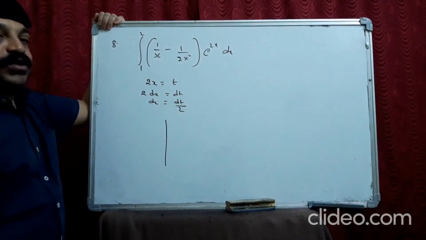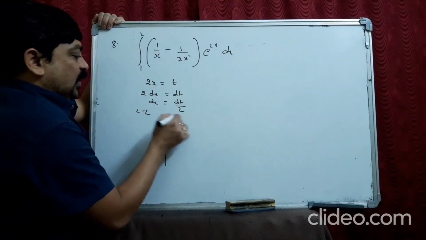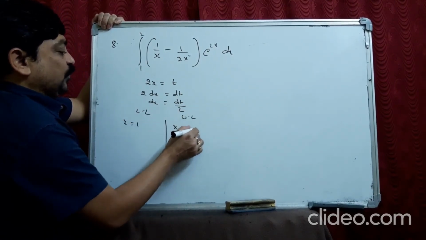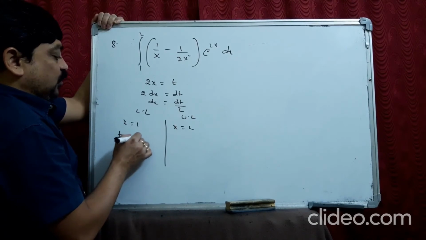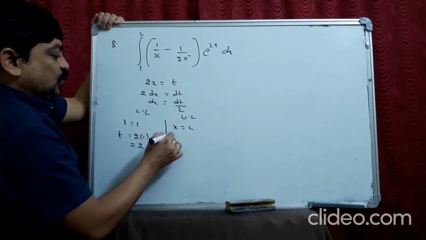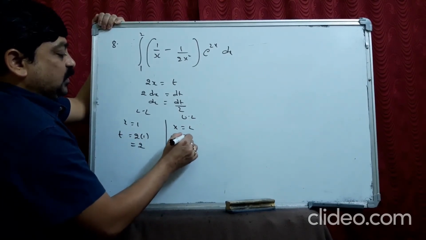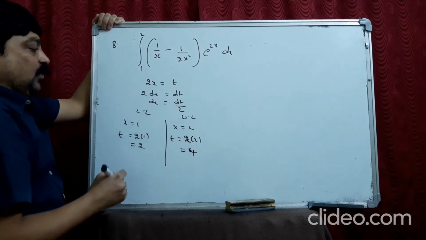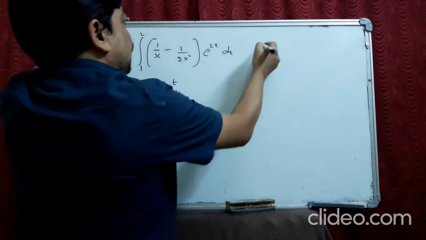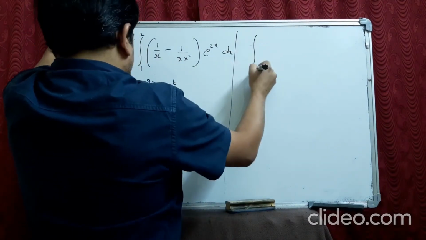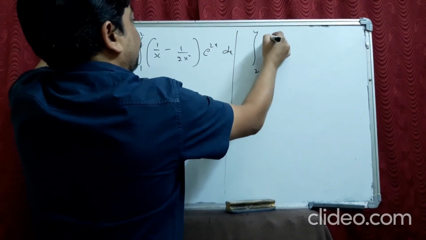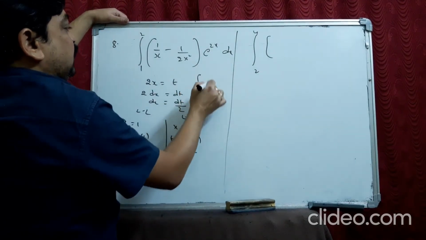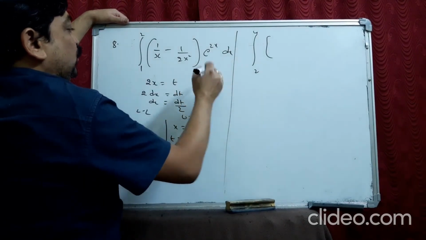Also the limits have to be changed, lower limit and upper limit. When x is 1, t becomes 2 into 1, that is 2. When x is 2, t is equal to 2 into 2, that is 4. Now the problem becomes integration of 2 to 4. x becomes t by 2. When 2x is t, x is t by 2.